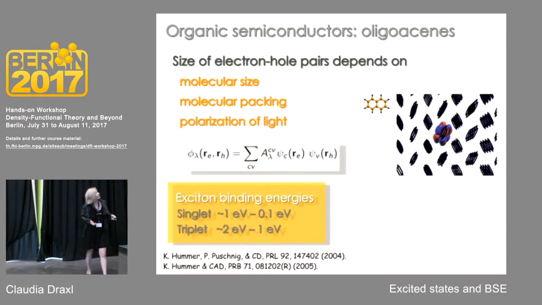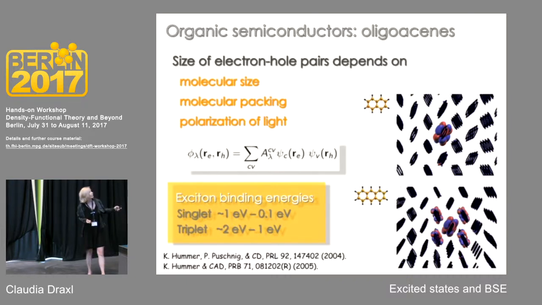Now let's make the molecule just a little bit longer. So we go from 2 to 3 rings. And now what happens here? So first of all, of course, you can imagine that the molecule is larger. So if you have the hole somewhere, then the electron can go further away from the hole, because the electron distribution now is over a larger molecule.